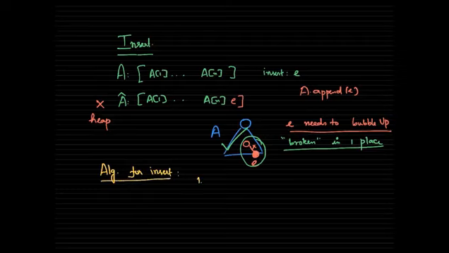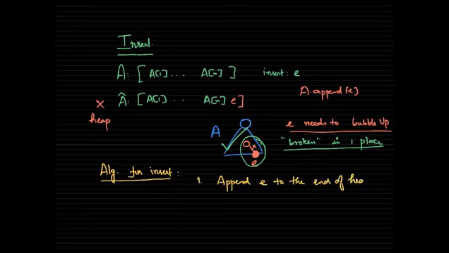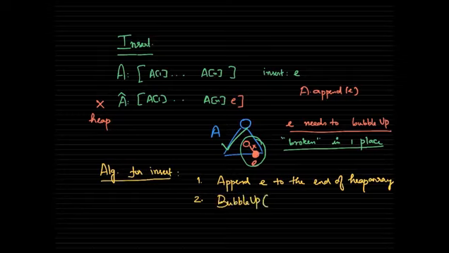First step, append E to the end of the heap array. Second step, bubble up at the very last position. So that's it: append to the end and bubble up.